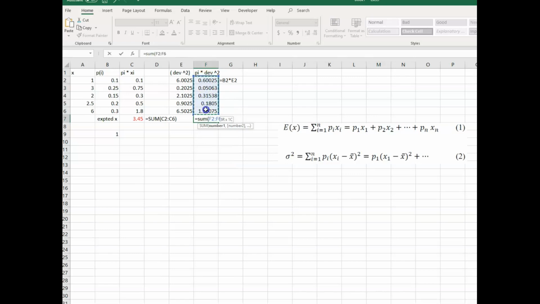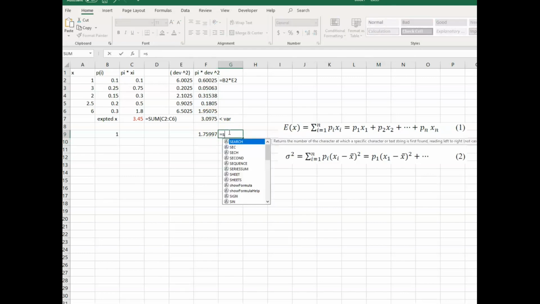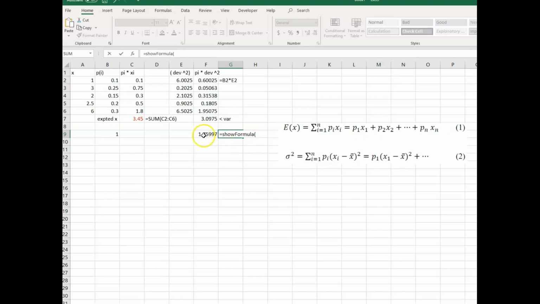And what is the standard deviation? Standard deviation is the square root of variance. So we use the square root of variance. We show formula. Okay, square root of variance.